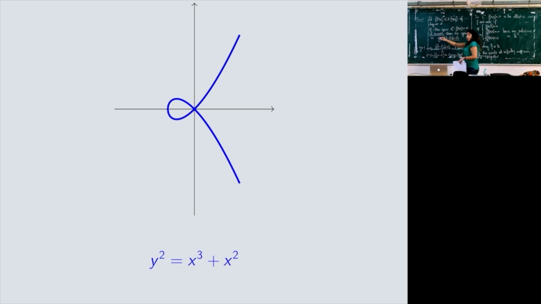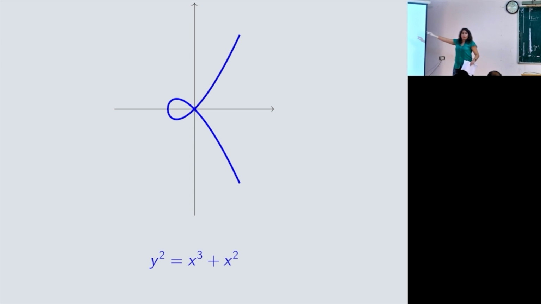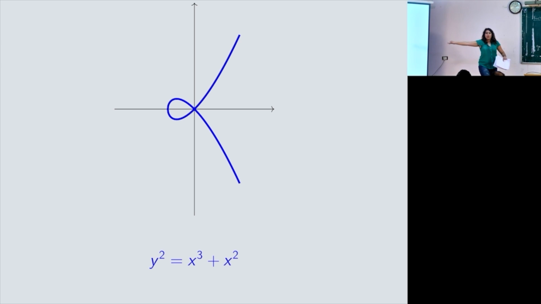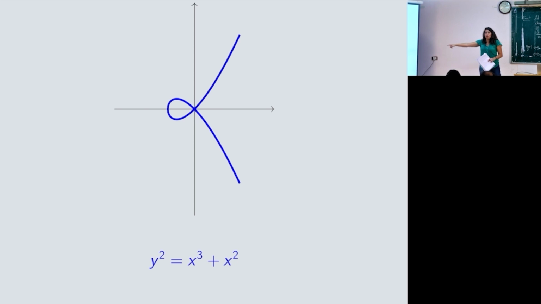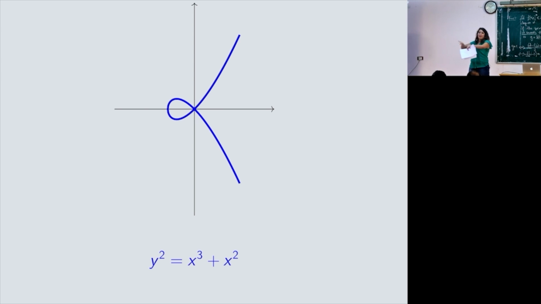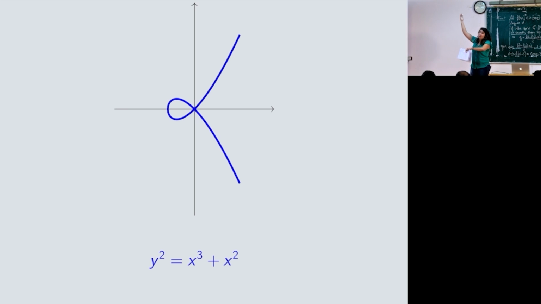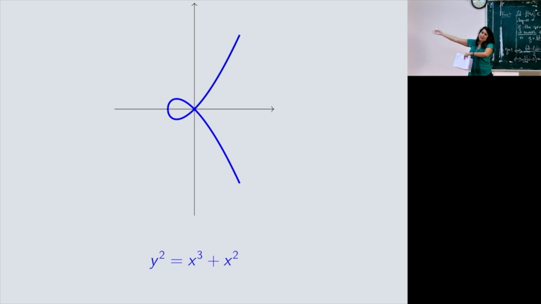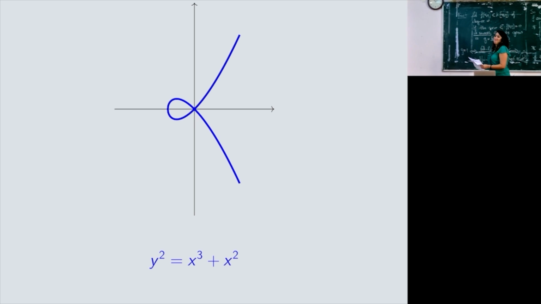If you compute the tangent line, this is smooth at every point. We can do the computation if you want. Always consider that we are looking at it over the algebraic closure, which is C. So this is the set of rational points.